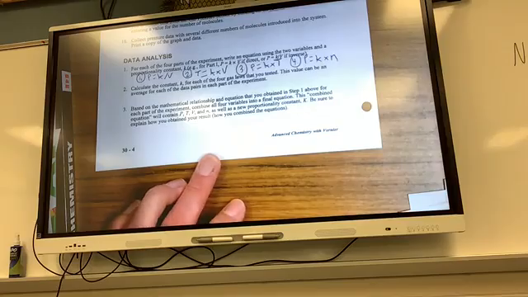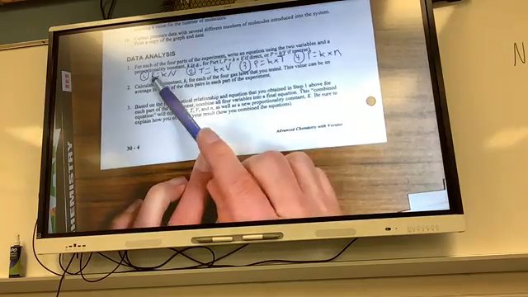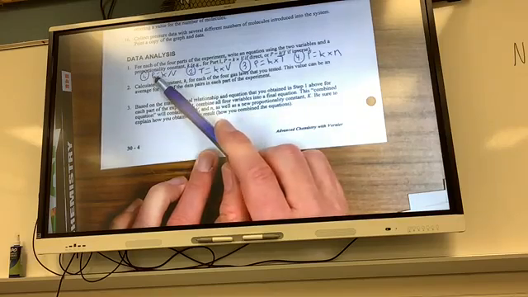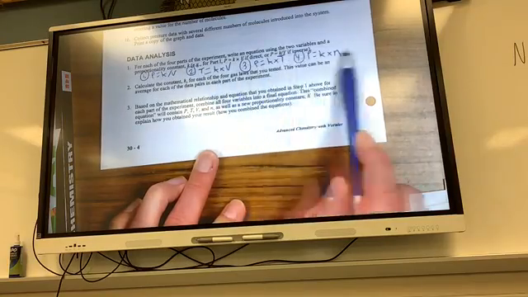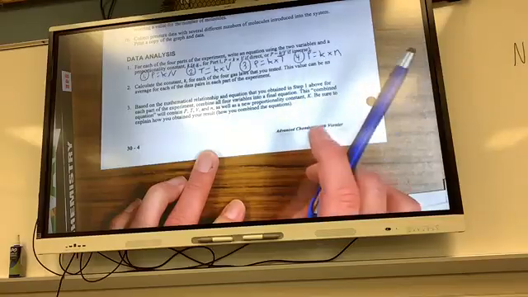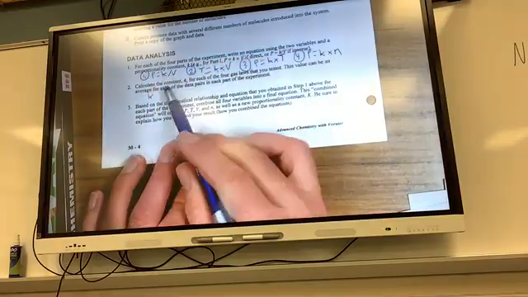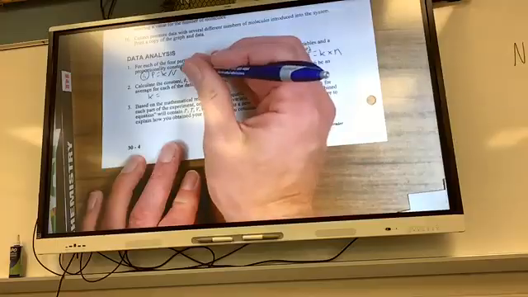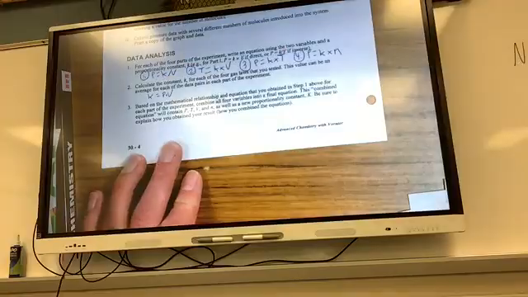So we could calculate K for all these. We're not going to do it, but if I substituted in a P and a V from your first trial, I'd get a number. If I substituted a T and a V, a P and a T, a P and an N, I'd get a number. What that would prove is, if I solve for K, K would equal P times V. Agreed?